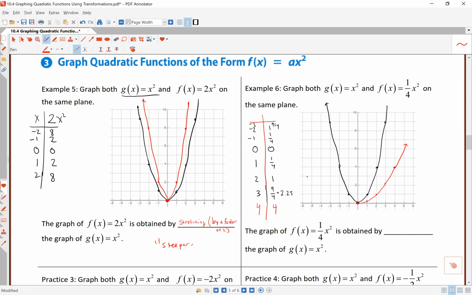And then the same thing on the other side. Negative 1, 1/4, negative 2, 1, and negative 3, 2.25, and negative 4, 4.